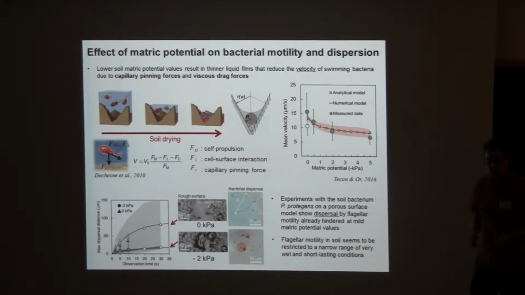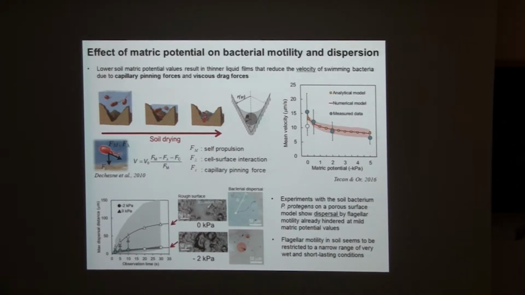They are pinned down to the surface by the very strong capillary forces. And again, this is a way of simplifying this view, and what you can do is try to express their velocity as a function of their self-propulsion, so they can move their flagella and swim. And then that is hindered by the cell-surface interaction and by the capillary pinning force.